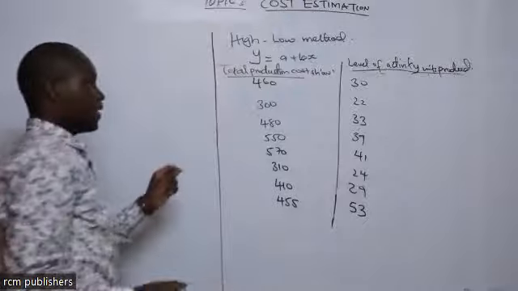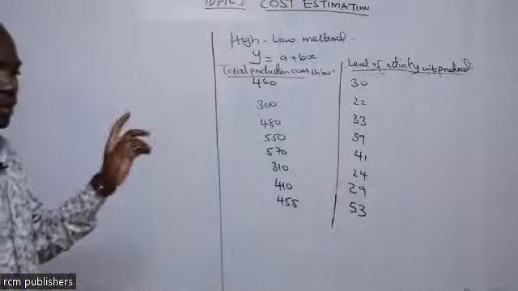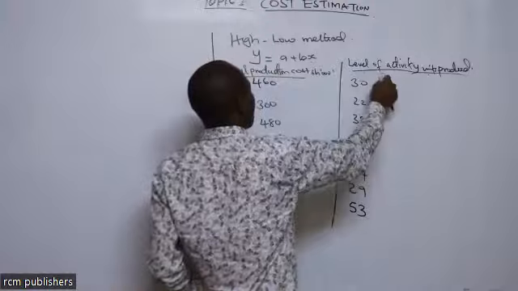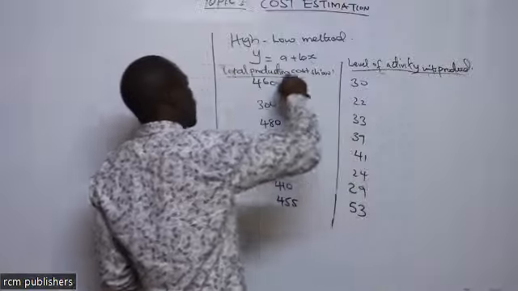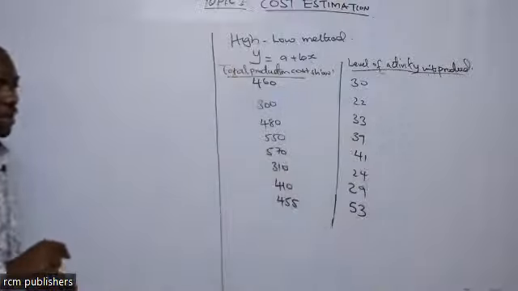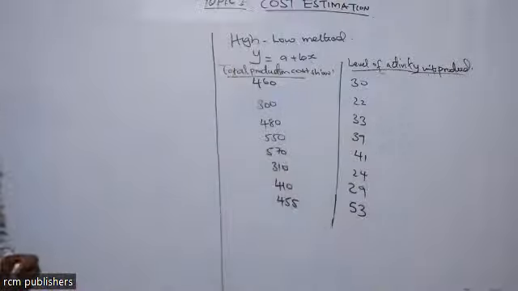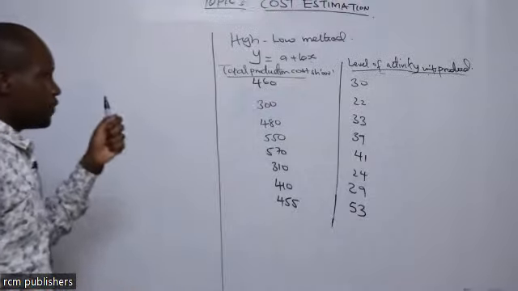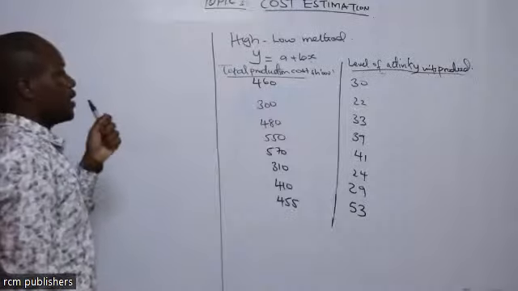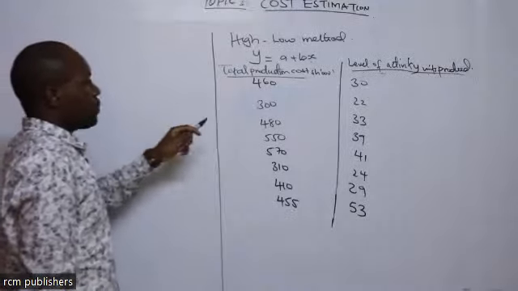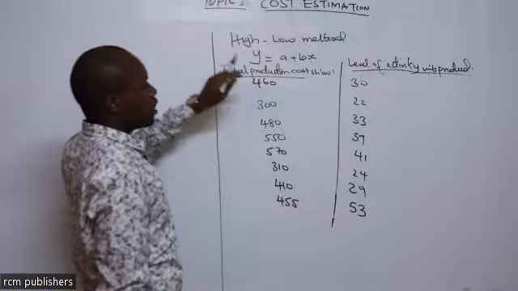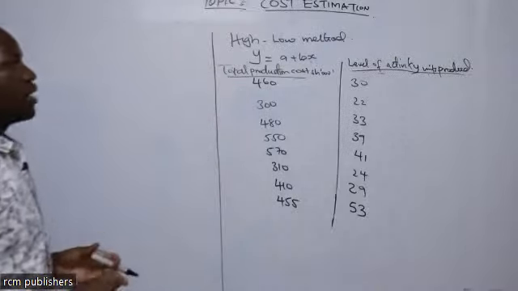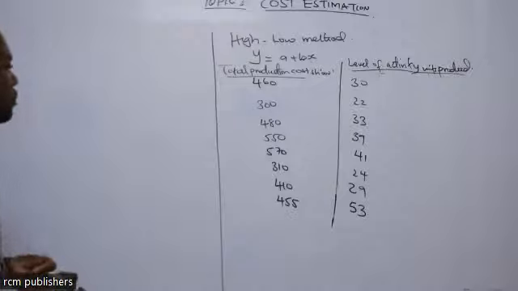So if that kind of information is given, you first of all have to convert the column titles to either Y or X. So can someone help us identify what column are we going to change to Y and which other column are we going to change to X? And maybe give a reason if possible.